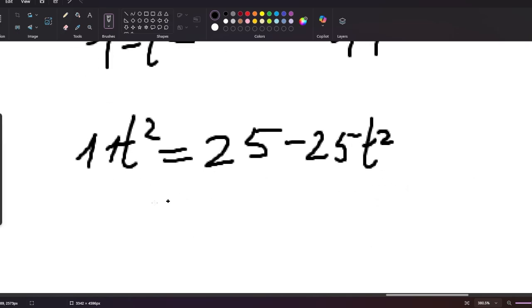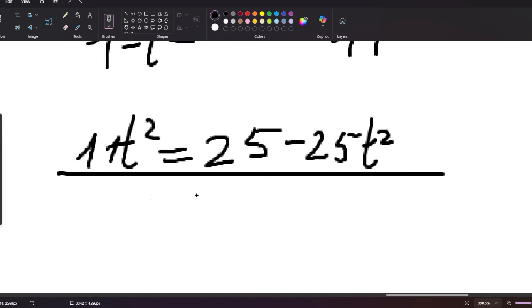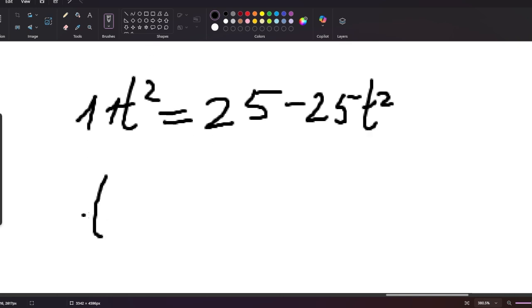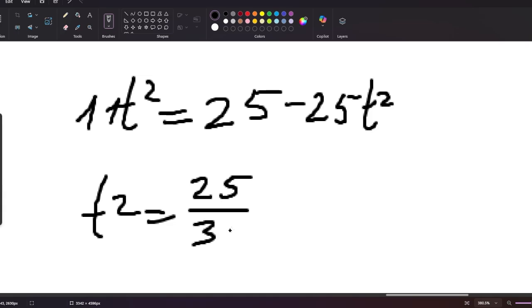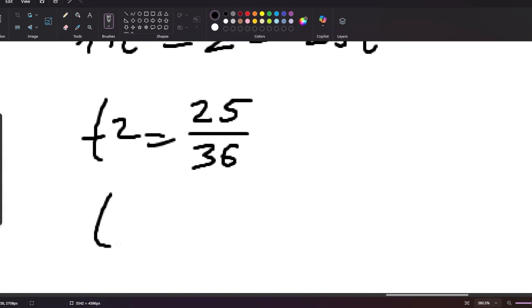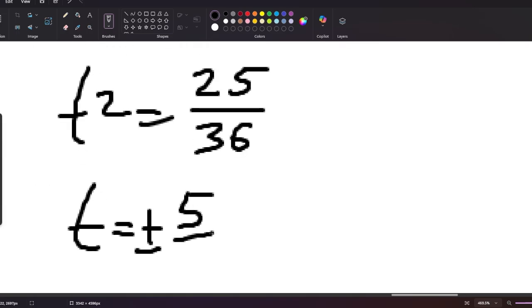We add 25t squared to both sides, and we have here t squared equals 25 over 36. t equals plus minus 5 over 6.